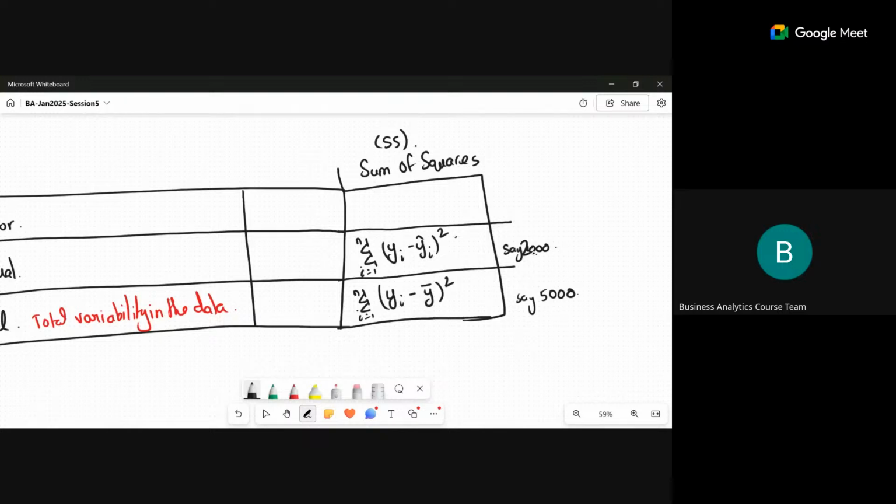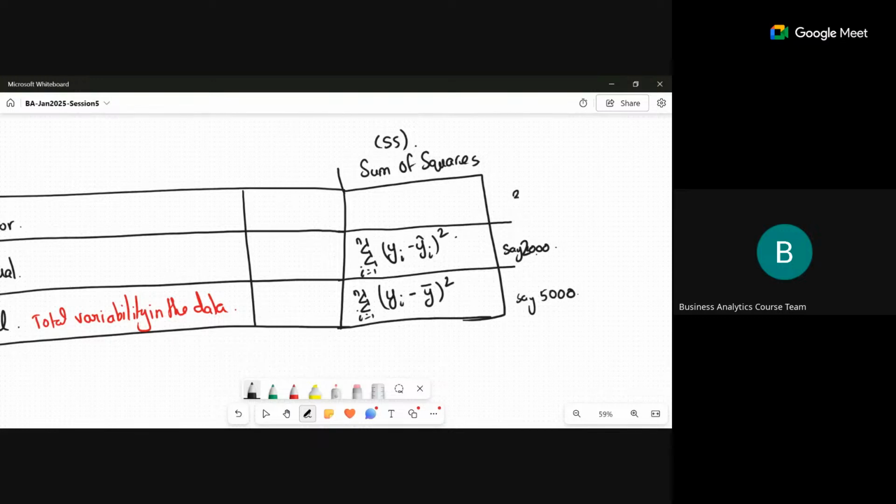Which means what happens to the remaining 3000? They are attributed to the regressor. Which means it is captured by the model, right?